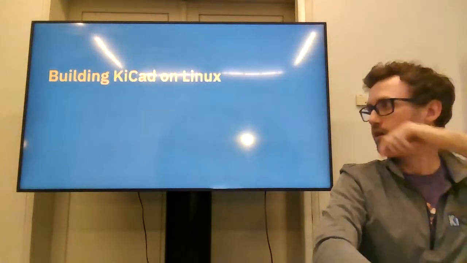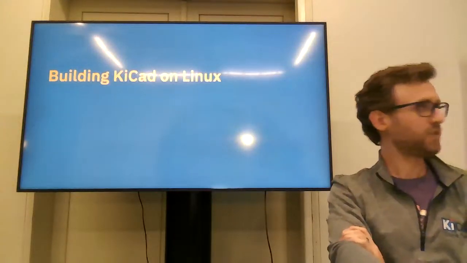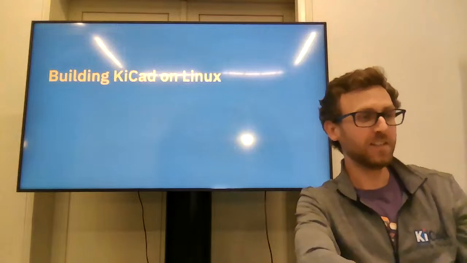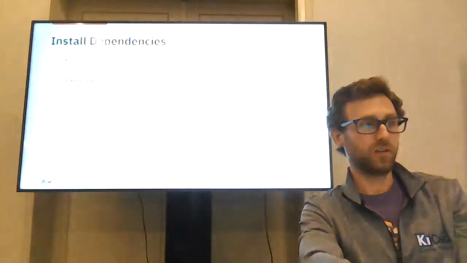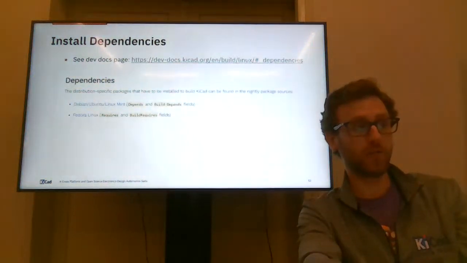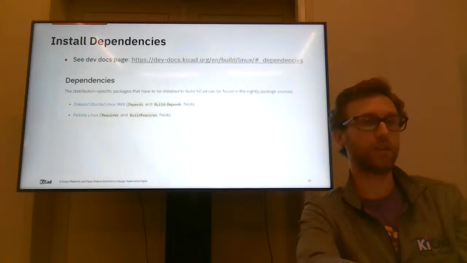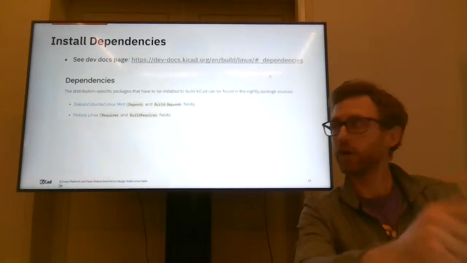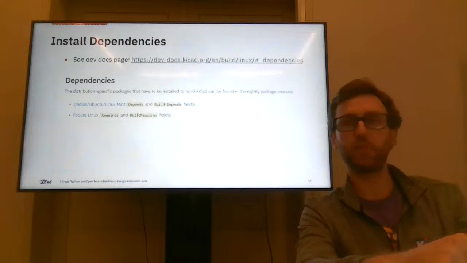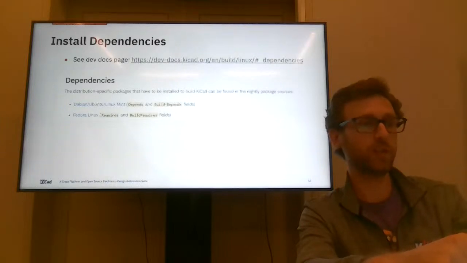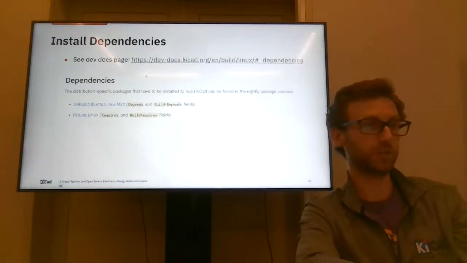So on Linux, it's potentially easier, or at least faster. The first thing you do, again, you can go to the dev docs page, and there is a part there that tells you where you can get a list of all the dependencies you'll need to build KiCad. I've got a screenshot here of what that looks like.